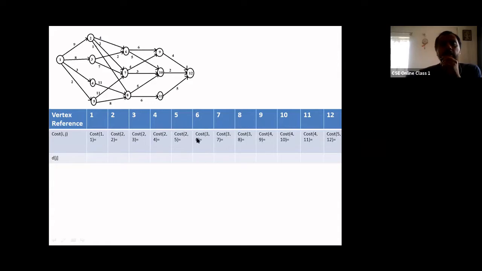Likewise, 6, 7, 8 are in the third stage, so cost of 3, 6, cost of 3, 7, and cost of 3, 8. In the fourth stage we have 3 vertices, 9, 10, and 11, so their costs are cost of 4, 9, cost of 4, 10, and cost of 4, 11.